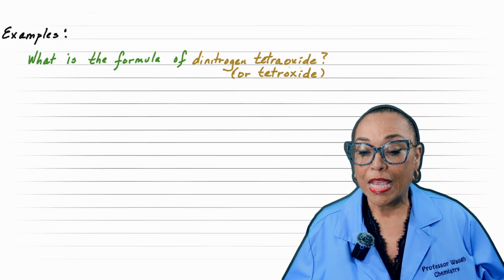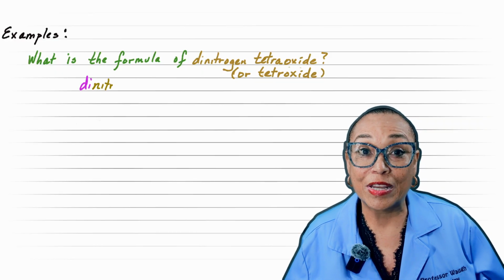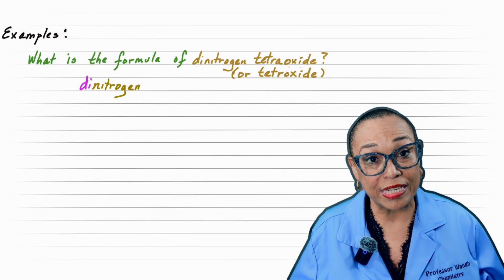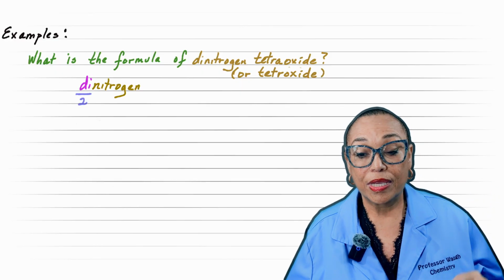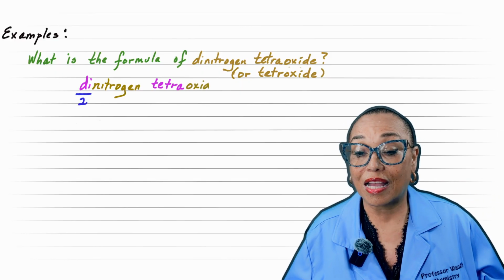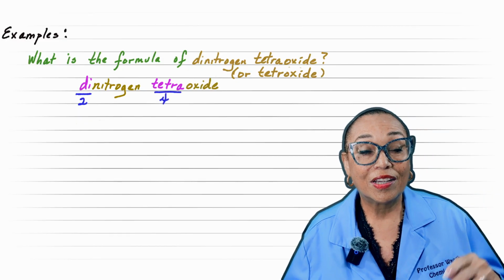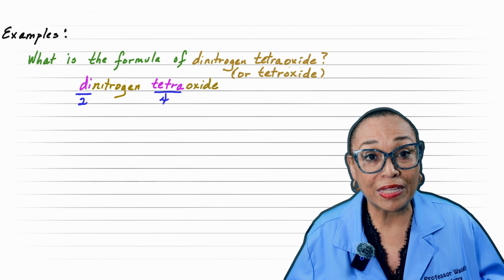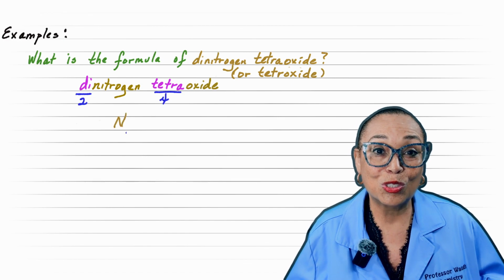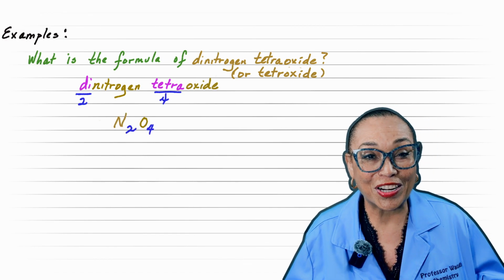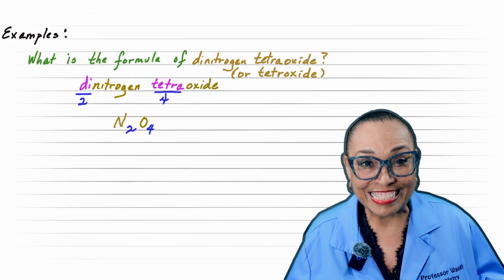I don't like that. Anyway, dinitrogen. So how many nitrogen atoms do you have? 2. Tetra oxide. So how many oxides do you have? 4. So when we write the formula, it's just N2O4. See how easy that is?